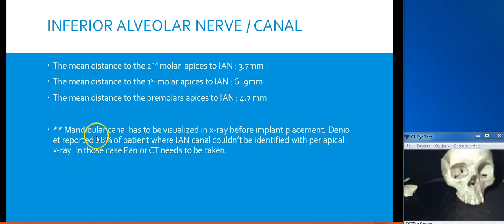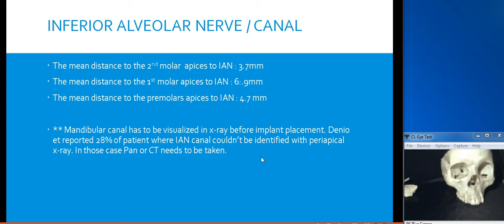Another tidbit: the mandibular canal has to be visualized in x-rays before implant placement is done. So no matter what kind of radiographic technique you use, you have to visualize it. If you're putting an implant in the second premolar, first premolar, or the molar area, you have to identify either the mental foramen or the nerve.